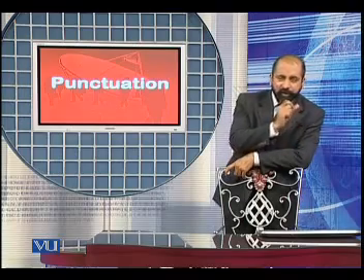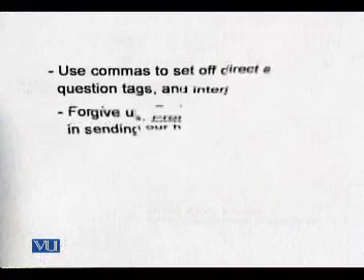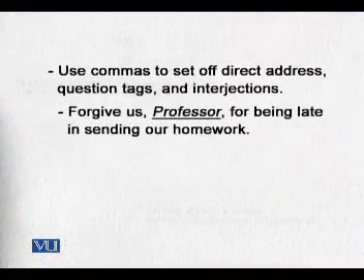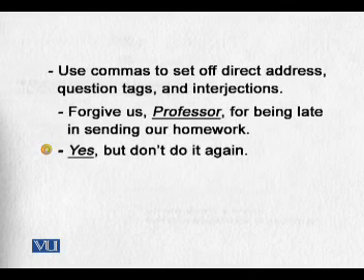Then, of course, it will not be a direct address. When I introduce the word Professor inside, then it becomes a direct address. Forgive us, comma, Professor, comma, and then the remaining part of the sentence. Another example: yes, but don't do it again. After yes, you'll put a comma and the remaining part of the sentence.